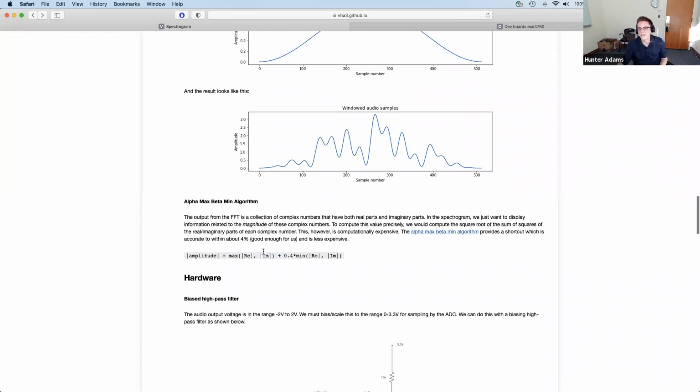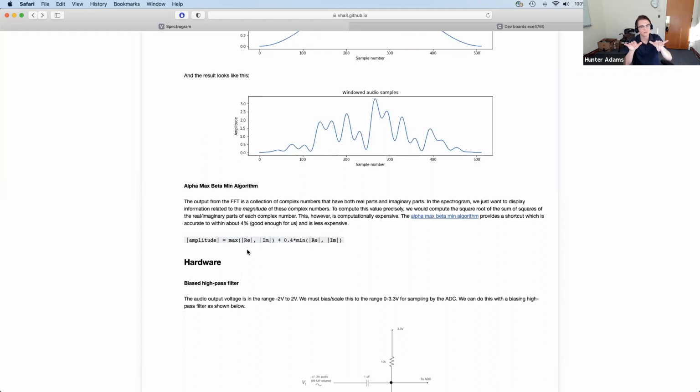So you'll start at index 0 in both arrays. Index 0 of the real array represents the real part of the first output, so to speak, of the FFT, and index 0 of the imaginary array is the imaginary part of that same complex number. So you'll use the alpha max beta min algorithm to compute the magnitude of all of these complex numbers.